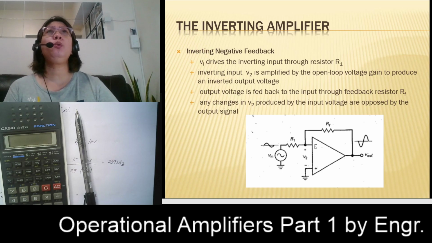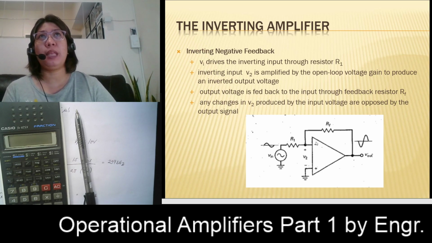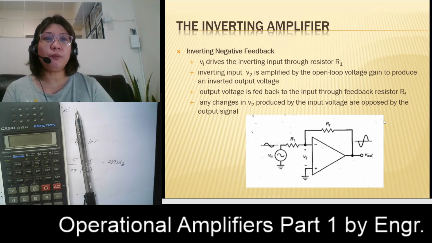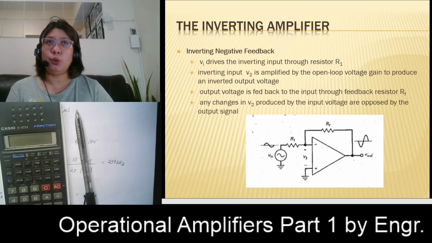So why is there a need for negative feedback? As we discussed in the previous video, the open loop voltage gain for an operational amplifier is too high, and since it is too high, it is unstable and of no use without some form of feedback.